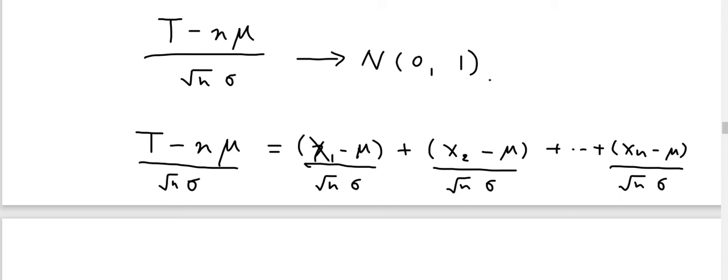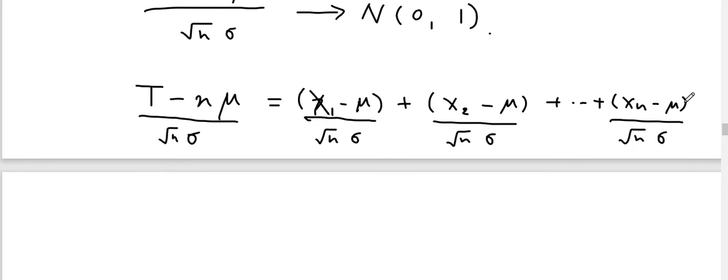So we just want to prove that this will be close to a normal distribution, and so we can take a radical n out. We say this is just Y1 plus Y2 plus ... plus Yn.